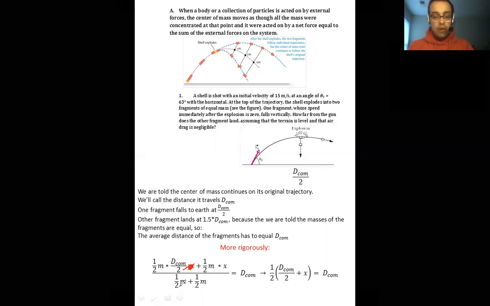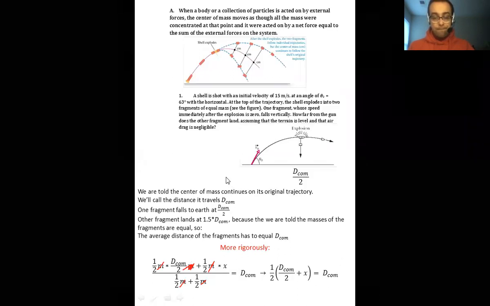So to show how I did that, these masses here are going to cancel. 1/2 plus 1/2 is 1. So we have 1/2 dCOM over 2 plus 1/2 m times x. This mass is also canceled out. So we pull out the 1/2, and we're left with 1/2 times dCOM over 2 plus x is equal to dCOM.